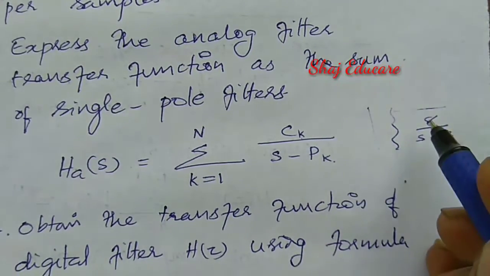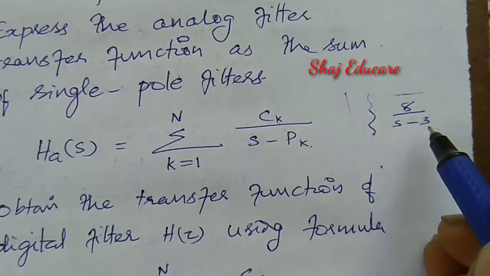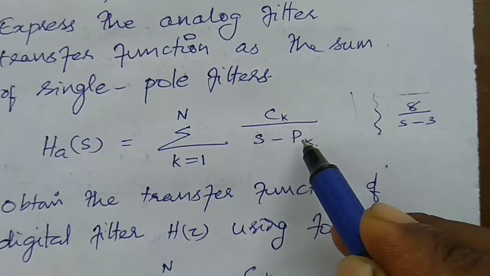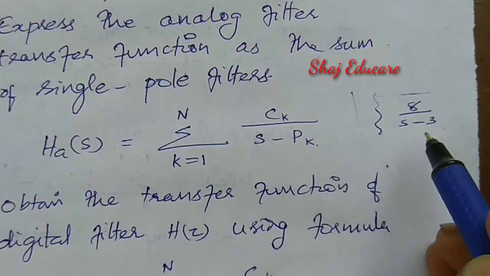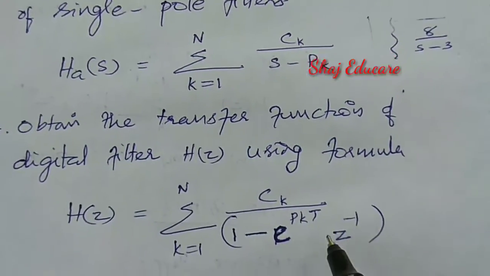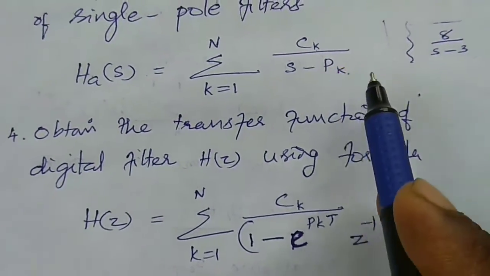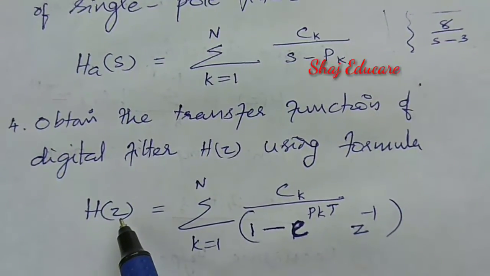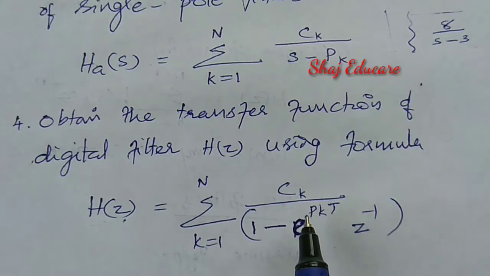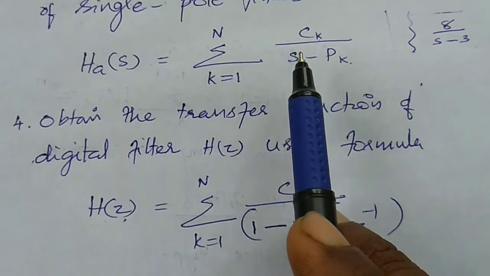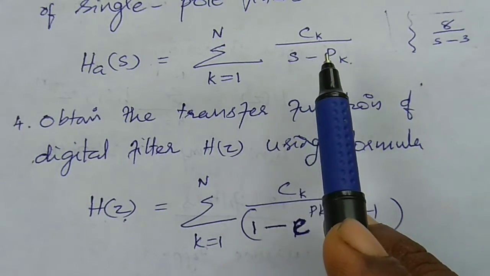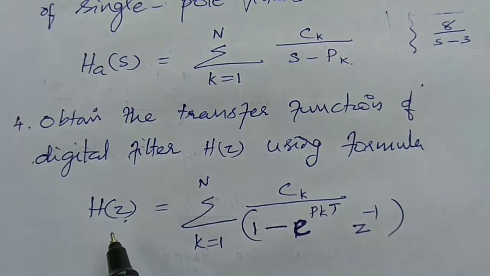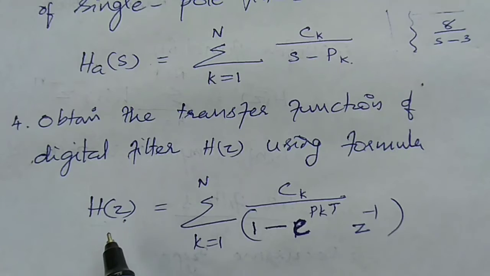Here Ck is equal to 8 and the pole is 3, where P represents the pole. Then we can convert this analog transfer function into a digital transfer function. Applying this transformation based on the poles obtained here, we will get the transfer function of a digital filter.